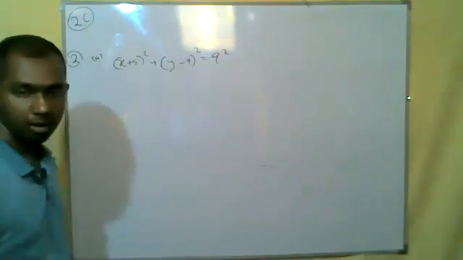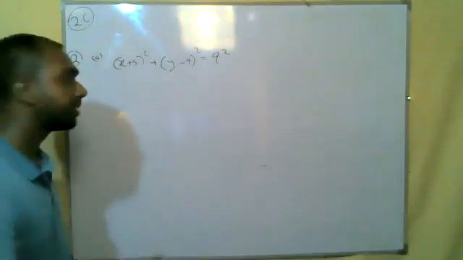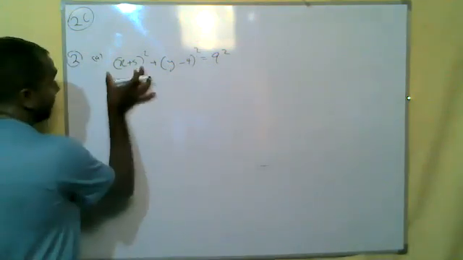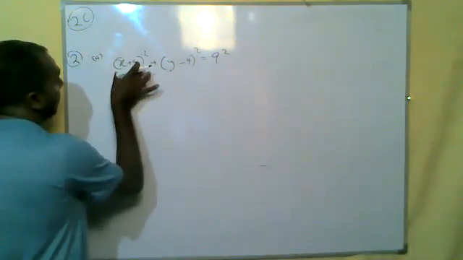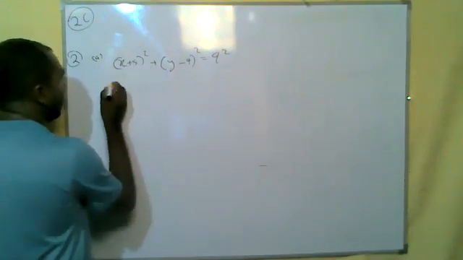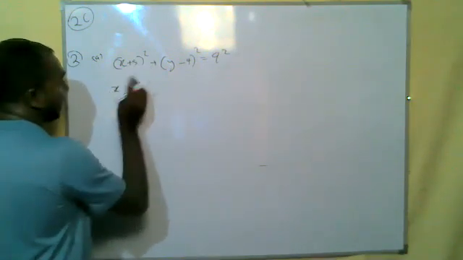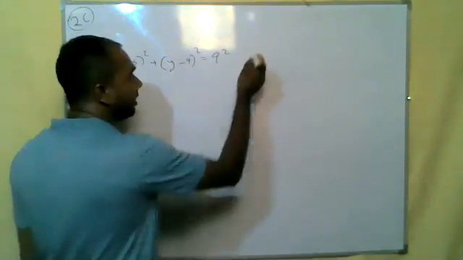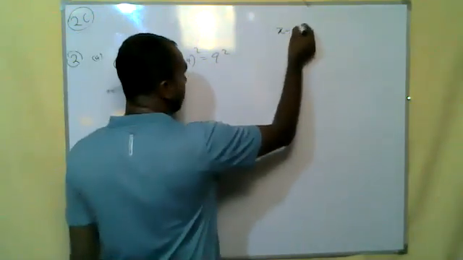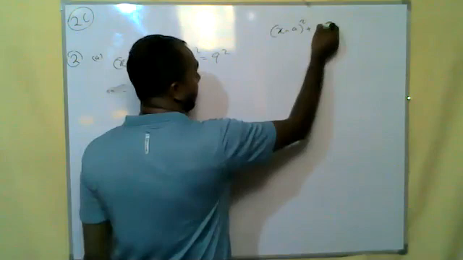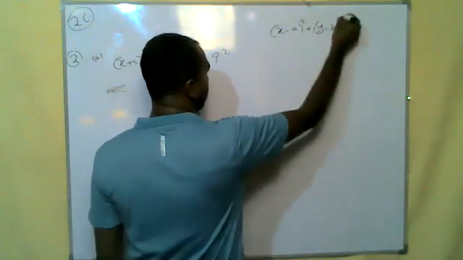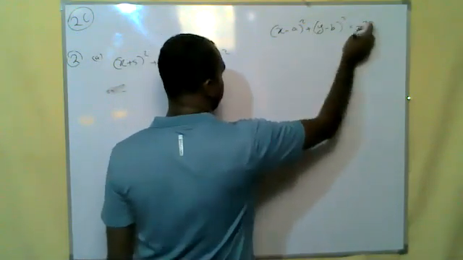Now, how can we do this part? We know that when this part is equal to 0, we can get the center. So what is our standard format? The standard format is (x minus a) to the power 2 plus (y minus b) to the power 2 equals r to the power 2, radius to the power 2.